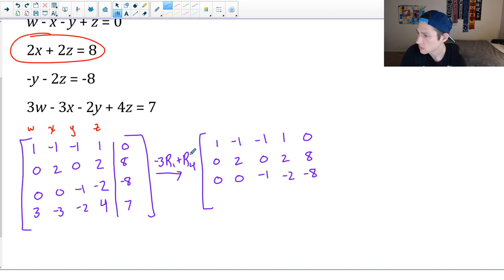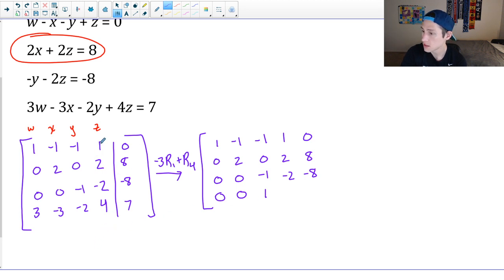Okay, now row 4 is the thing that's actually changing, so let's actually do the math. Negative 3 times 1 is negative 3. Negative 3 plus 3 is 0. Negative 3 times negative 1 is positive 3. Positive 3 plus negative 3, well, that's also 0. Great. Negative 3 times negative 1 is positive 3. Positive 3 plus negative 2 is 1.